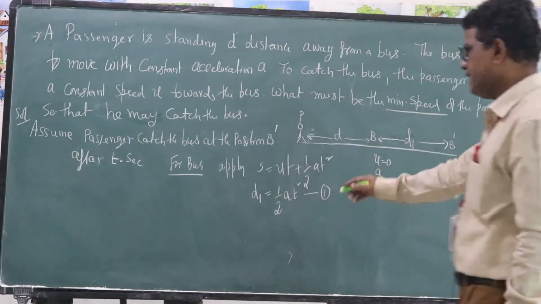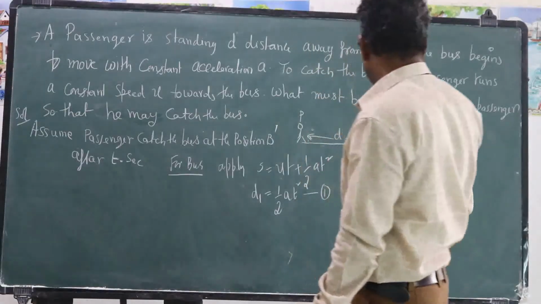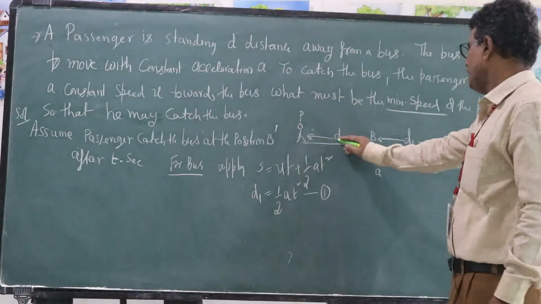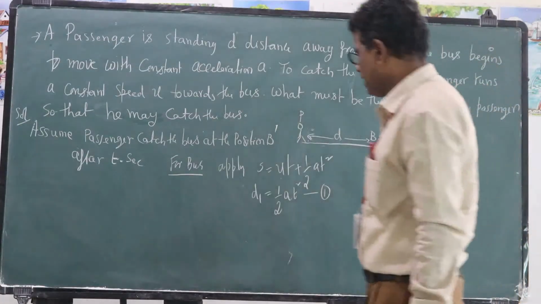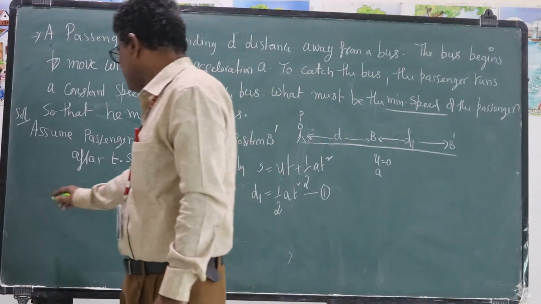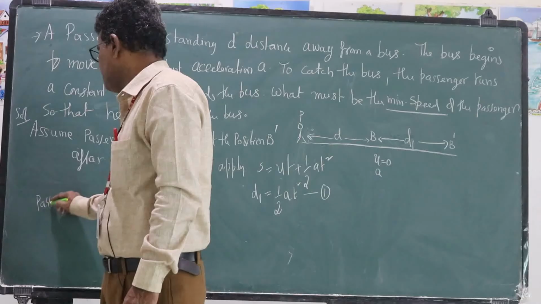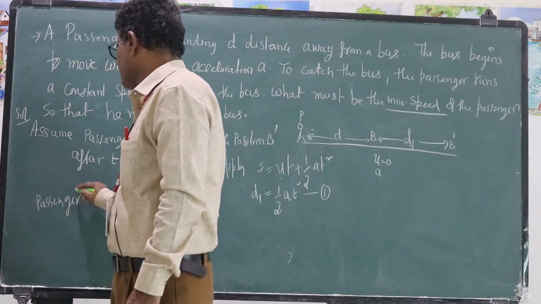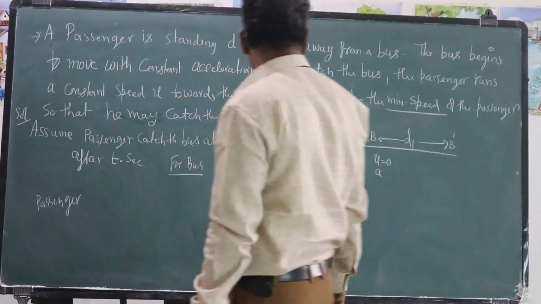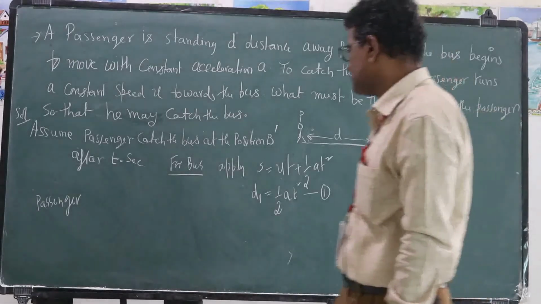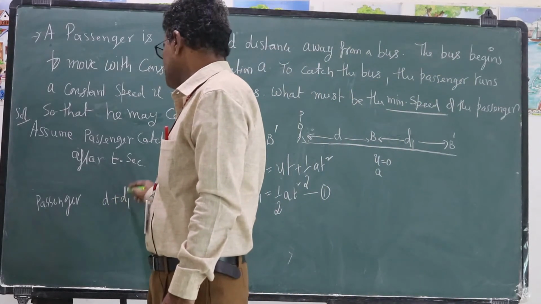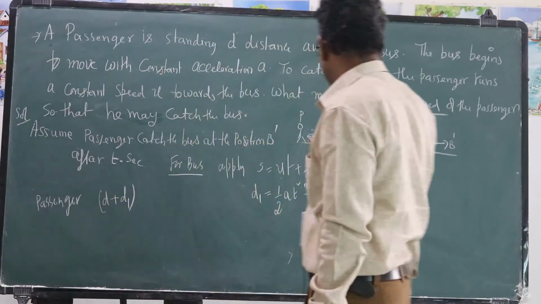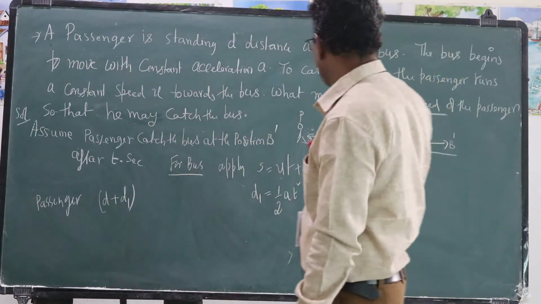In the same time, the passenger has to travel a distance d plus d1 with the speed u.